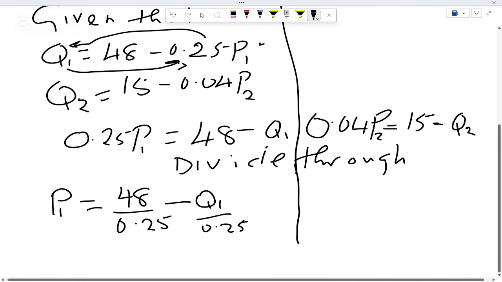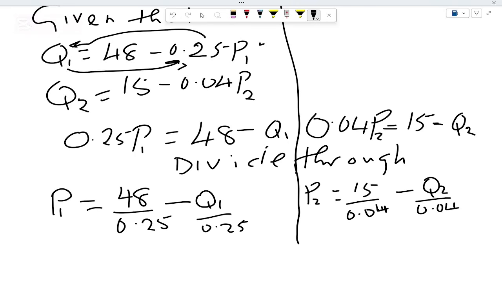Then the same thing happens here: P2 equal to 15 divided by 0.04 minus Q2 all over 0.04. So this is what you have.